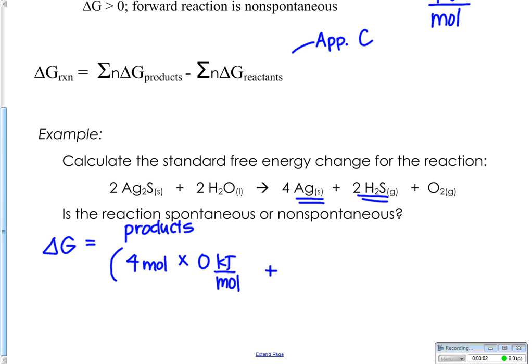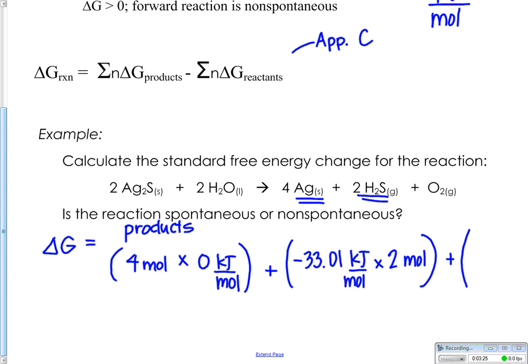So I'm going to look up the value of H2S, and that has a delta G value of negative 33.01 kilojoules per mole. And in this balanced reaction, there are 2 moles of it formed. And then my last product is oxygen.